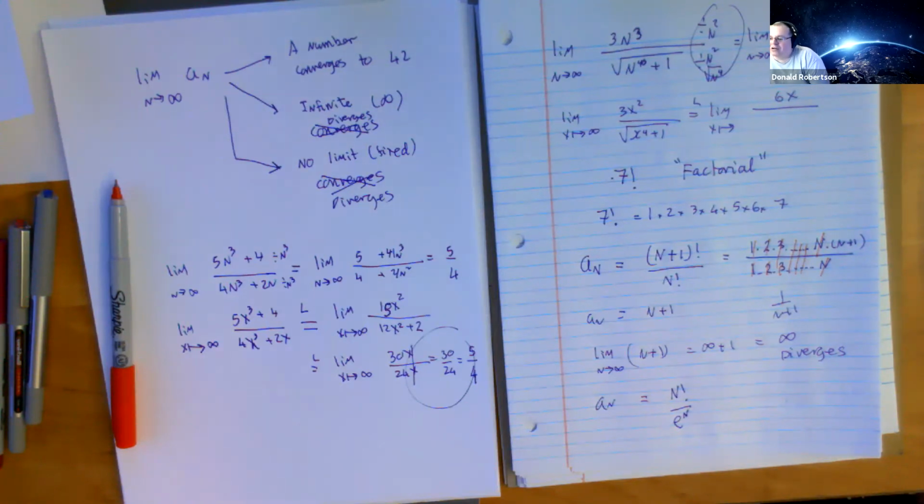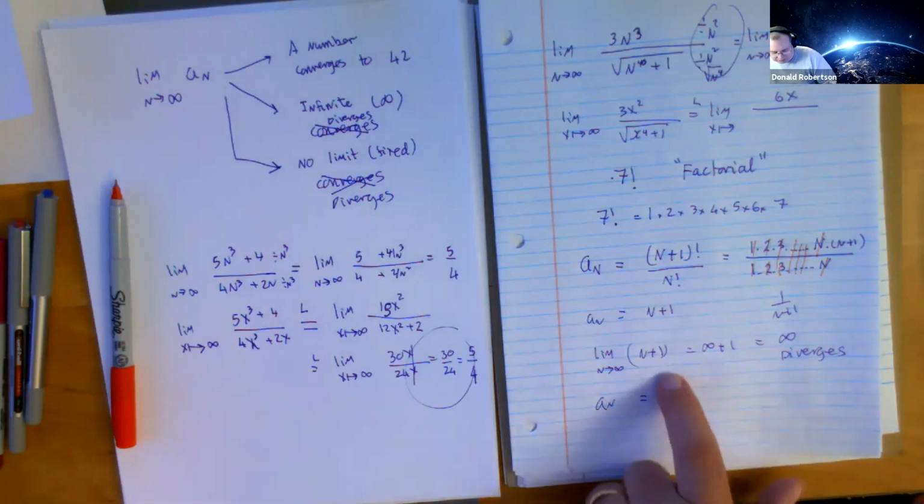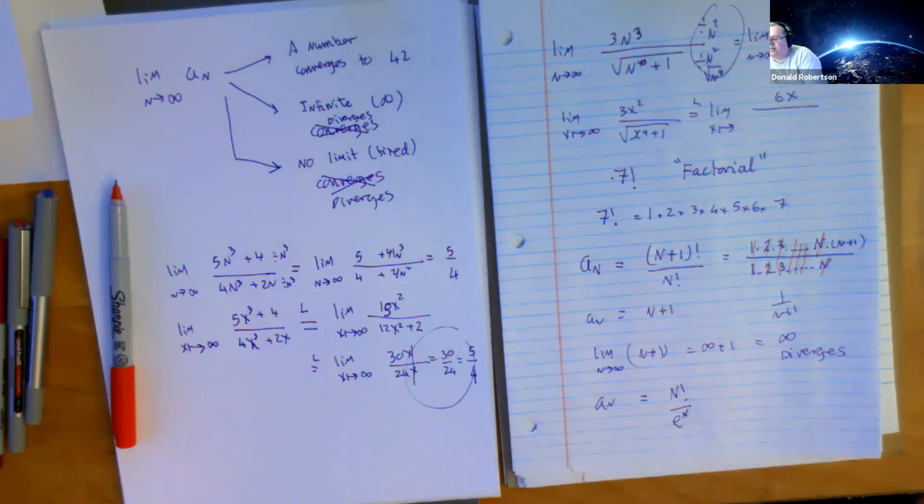In other words, they are intrinsically larger numbers than other things. N factorial is fighting e to the n here. If n factorial wins, the limit's going to be infinity. If e to the n wins, the limit is going to be 0.